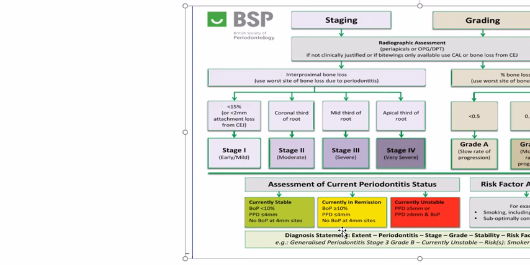Periodontal pocket depths are less than or equal to 4 millimeters. There's no bleeding on probing at 4 millimeter sites. And currently unstable is periodontal pocket depths greater than or equal to 5 millimeters, or pocket depths greater than or equal to 4 millimeters, and there is bleeding on probing.